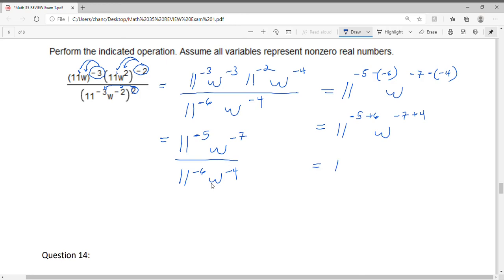This simplifies to 11 to the 1, or just 11, and w to the negative 3. Now this is not acceptable. We want to make sure the negative exponents are shifted up or down. In this case, we'll shift the w to the bottom. This is our solution, 11 over w cubed.